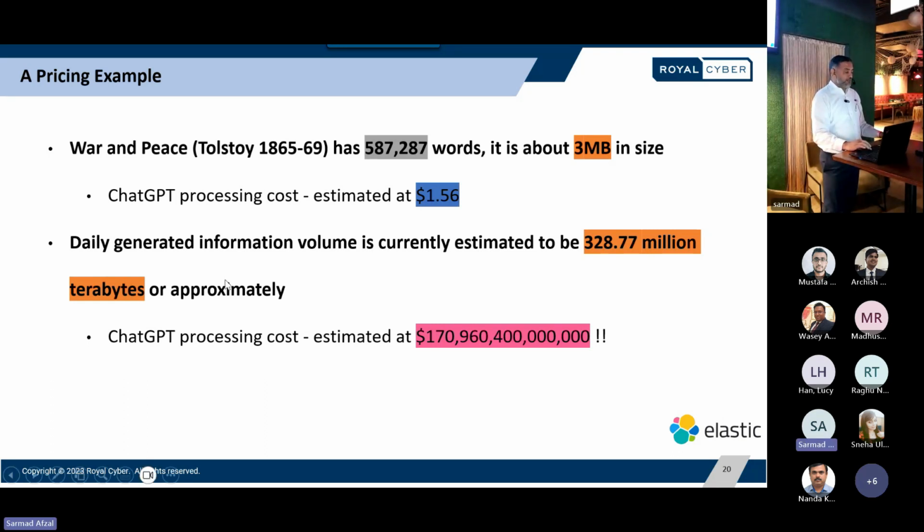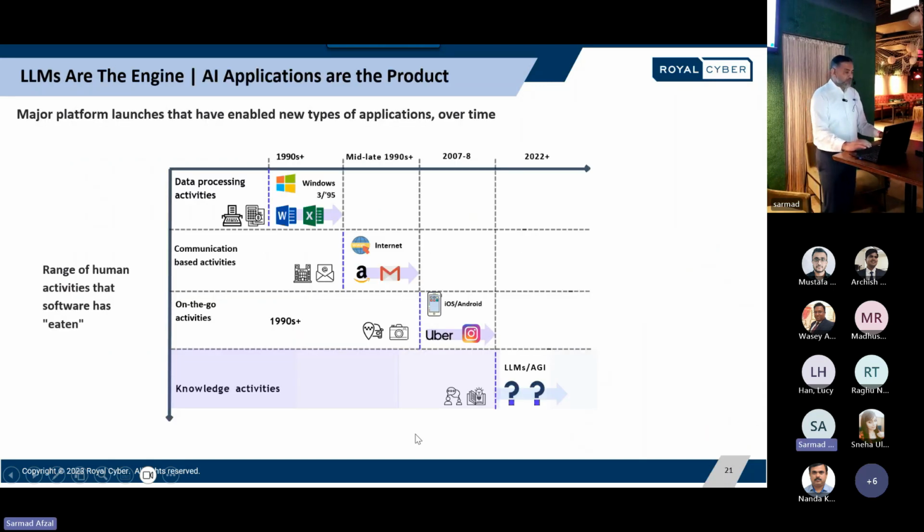The daily generated information volume is currently estimated to be about 328 million daily new data. If you want to train ChatGPT on this, the processing cost will be, I don't know how to read this number, but it will be pretty large. In the 1990s, when Windows 95 came out, data processing activities were the major hit.